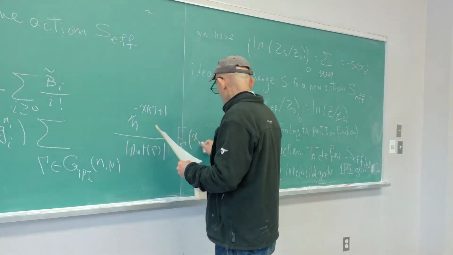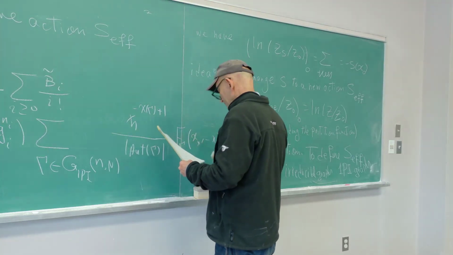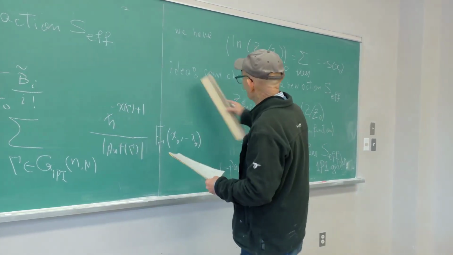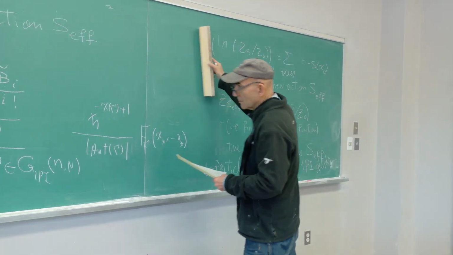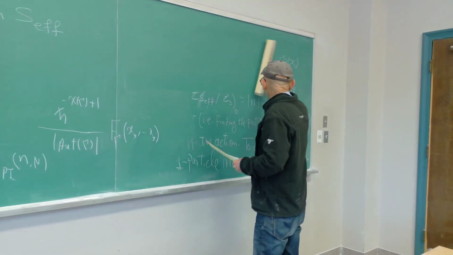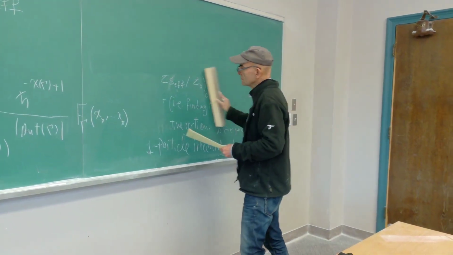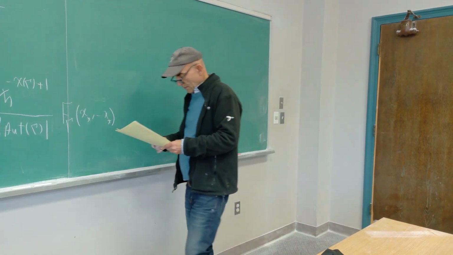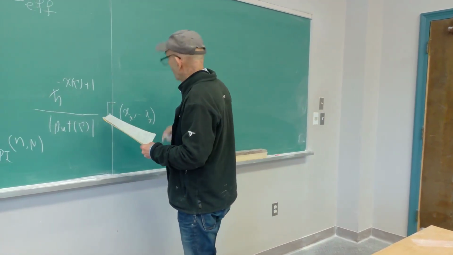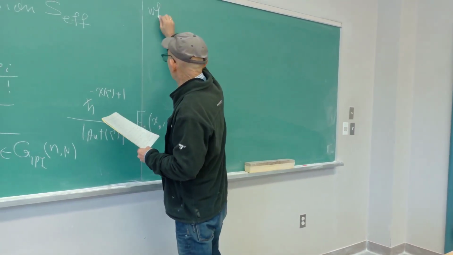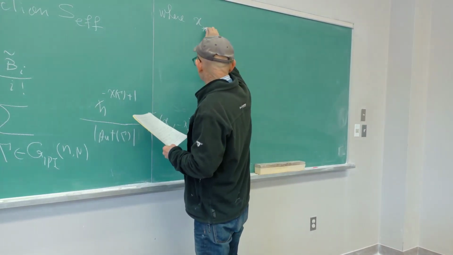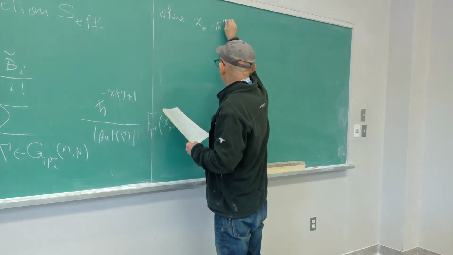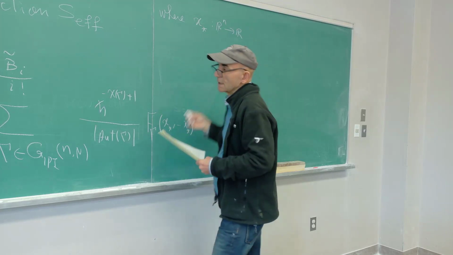So we put x star, where x star is a covector from Rn to R.